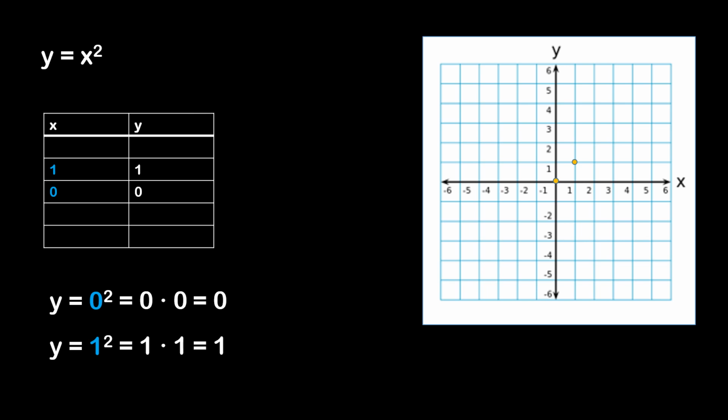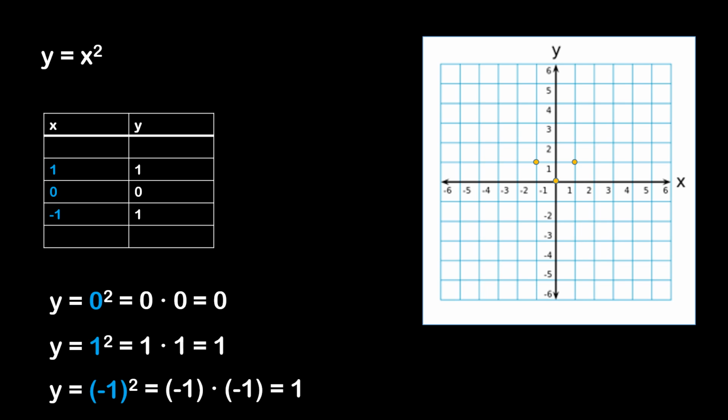And now we'll do x is equal to negative 1. If we plug negative 1 for x, we'll have y is equal to negative 1 squared. That is equal to negative 1 times negative 1, or 1, because a negative times a negative is a positive. So we have that for x is equal to negative 1, y is equal to 1. Again, we'll plot that point, and now we have 3 points.